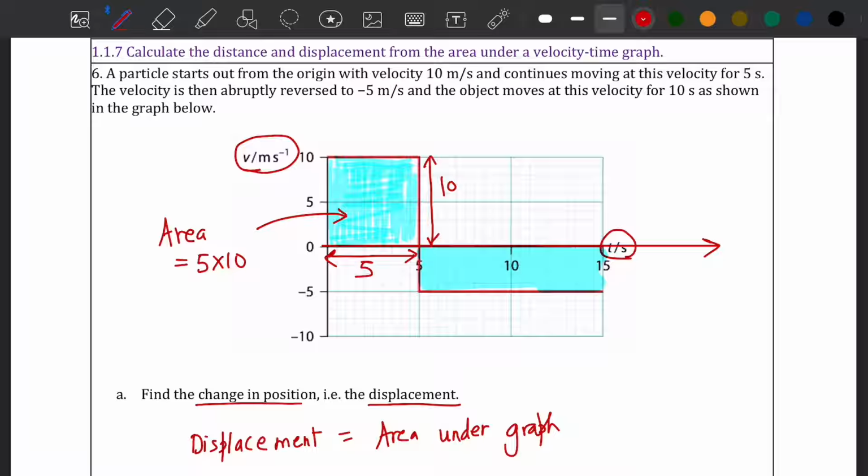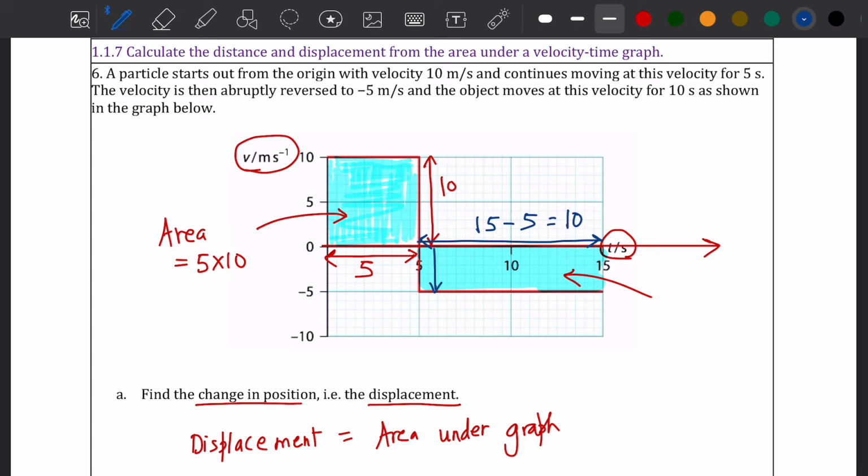So let's just write down here 5 multiplied by 10. Then the next area, which is this one: if I want to find this length, this is 15 minus 5. This is important to note. This is 15 here, this is 5 here. So 15 minus 5 gives you 10.